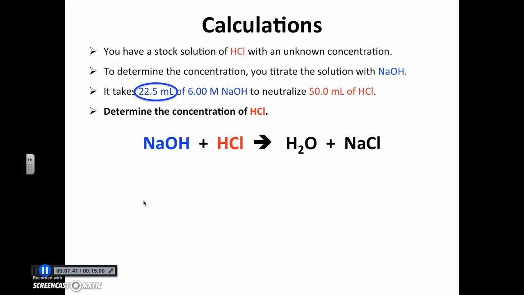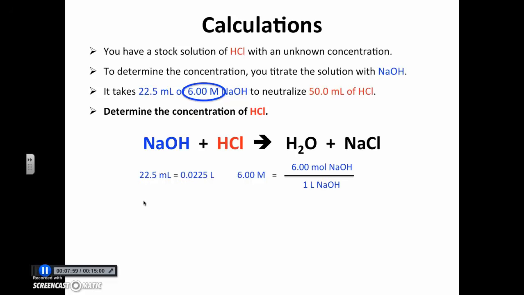This is always where you want to start out. Okay, let's look at this number, 22.5 mL. First thing you're going to want to do is convert this to liters. In this case, this is 0.0225 liters. Now let's take a look at this number. This is your molarity. And molarity, remember, is simply moles per liter. So another way of thinking about a 6 molar solution is that you have 6 moles of sodium hydroxide for every liter of sodium hydroxide.